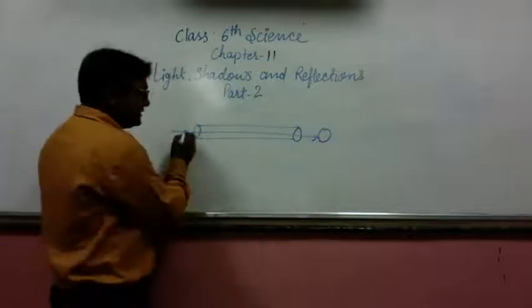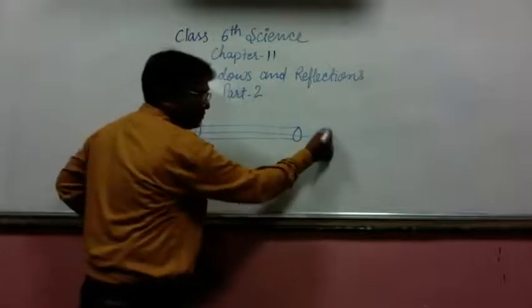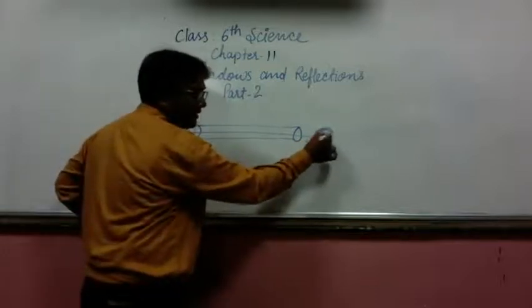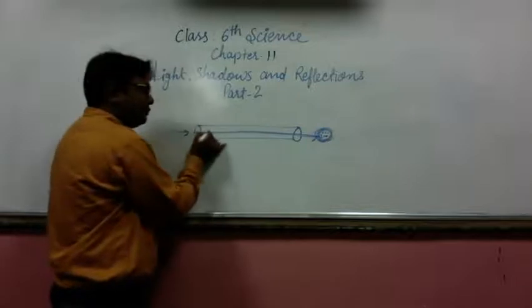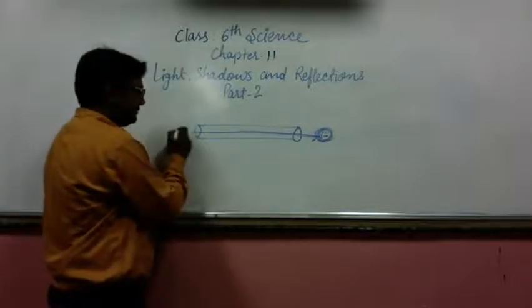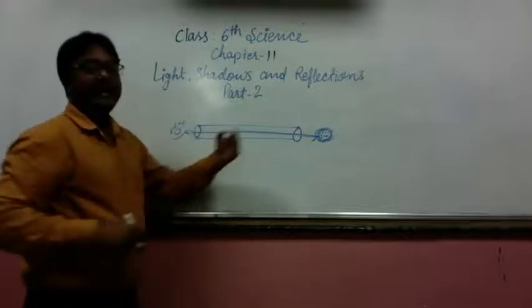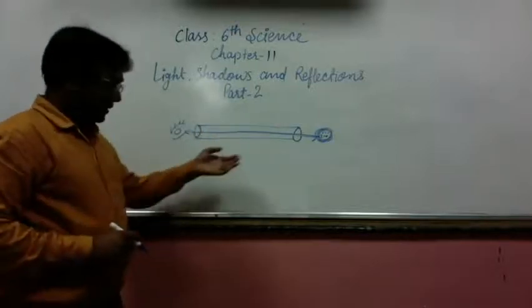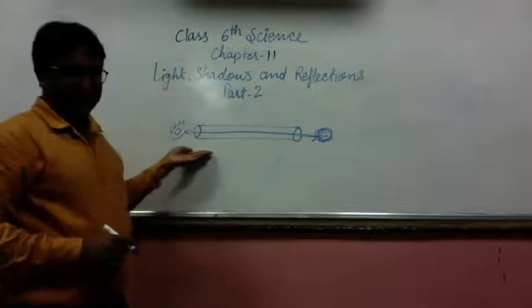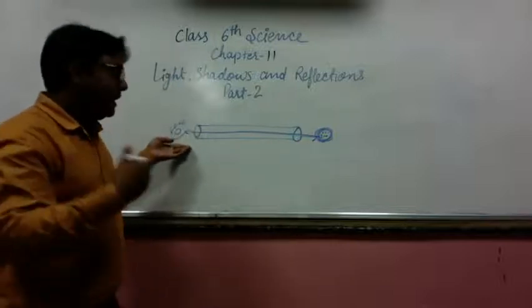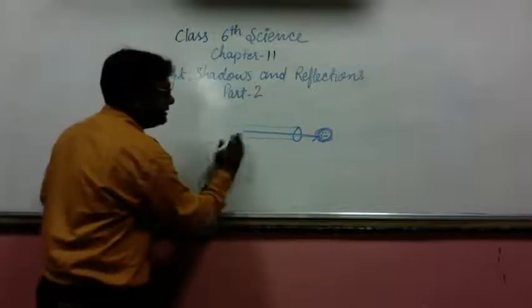So what happens? The light rays coming from the object enter the eye, and then you are able to see that particular object, because light always travels in a straight line.